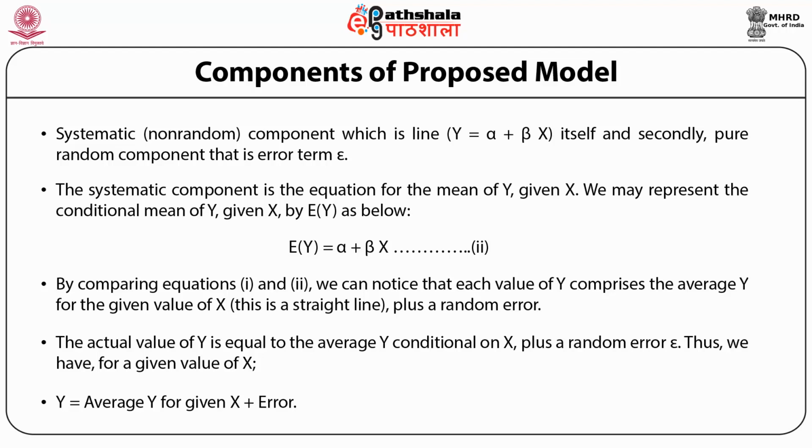And one more important observation here, that actual value of the variable is equal to the average value of dependent variable for all given values of x plus the error term. So it is also visible in the graph shown on the next slide.